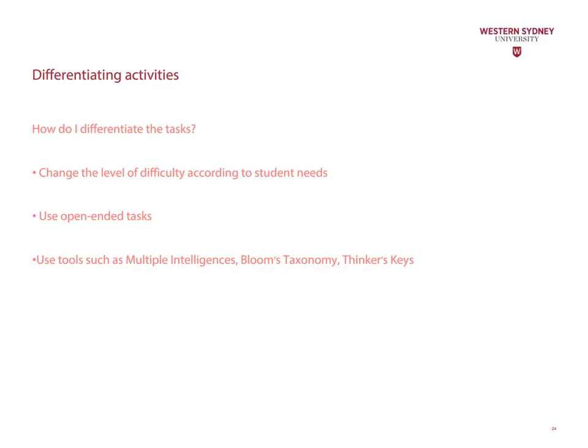So for example, for Gardner's Multiple Intelligences, I might adapt the activity to suit a particular intelligence, and I will give you examples in the coming slides. For Bloom's Taxonomy, you might be able to differentiate from going from the remembering level to evaluating and creating levels. For Thinker's Keys, if you Google Tony Ryan, you're going to get a whole heap of information about Thinker's Keys, and this is something that we would have already done in our tutes last week.